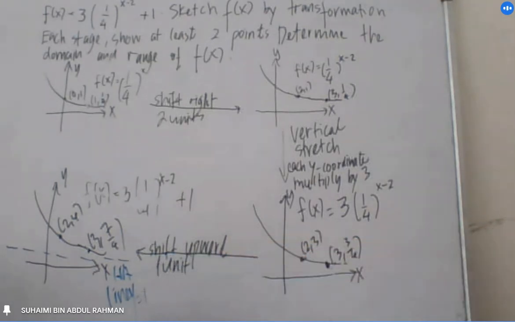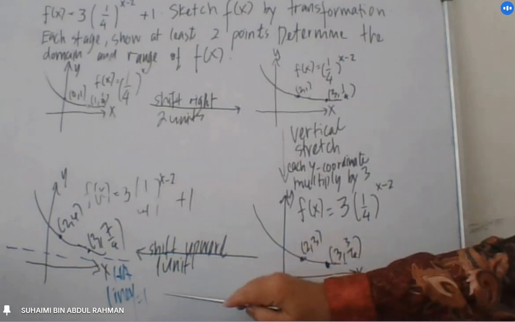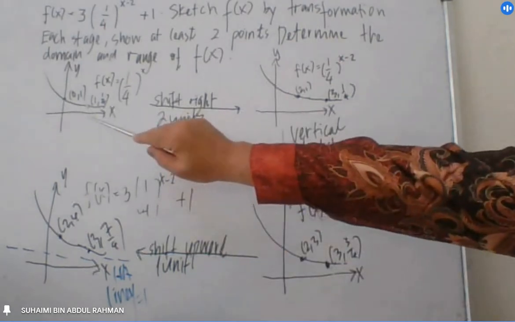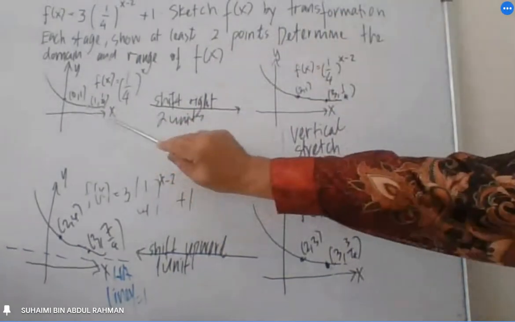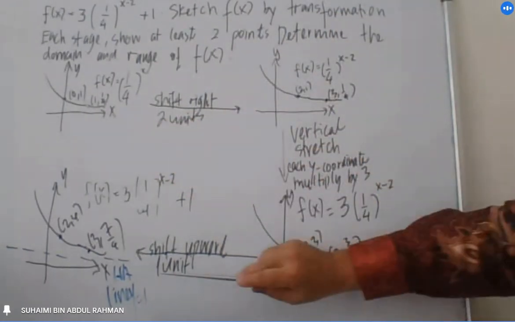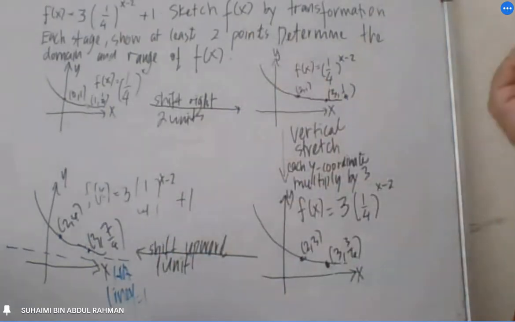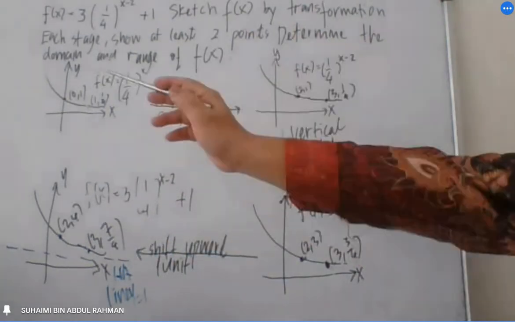Lastly, asymptotes appear here also, only that we do not sketch them. We have the asymptote, and we only sketch it on the final graph, but it is still there.